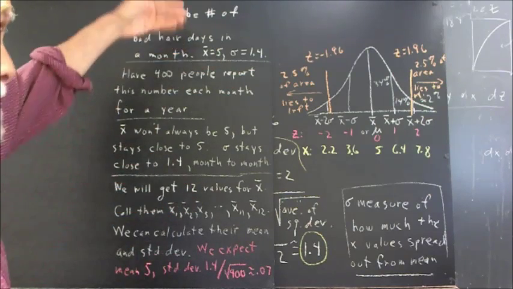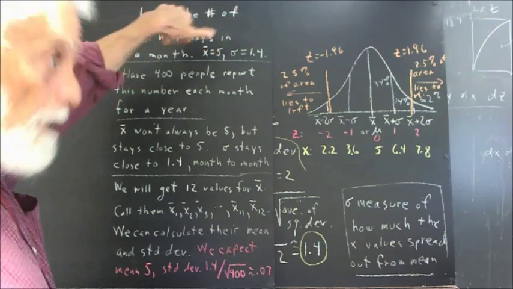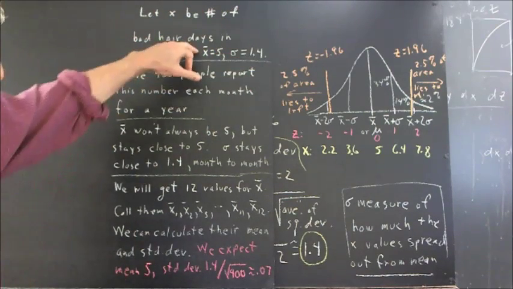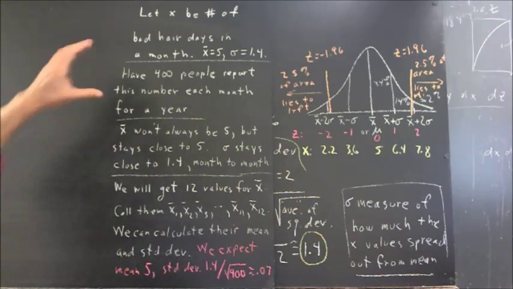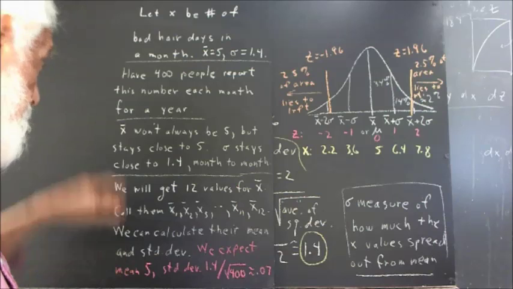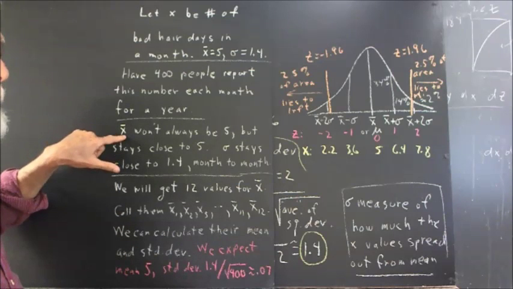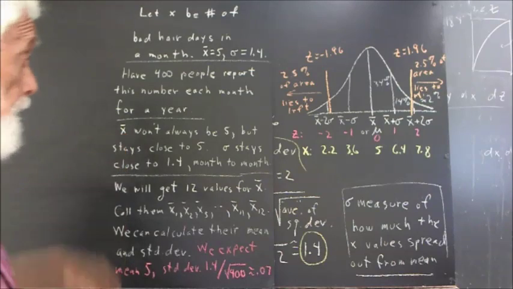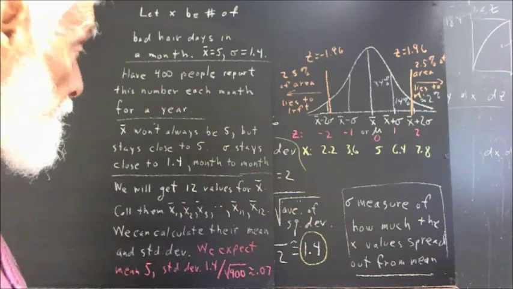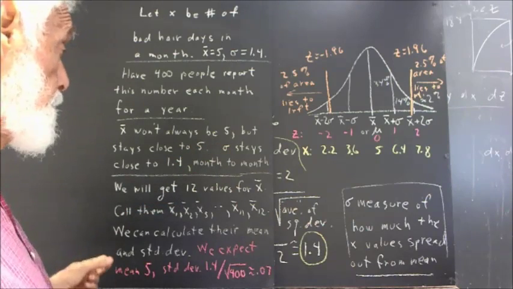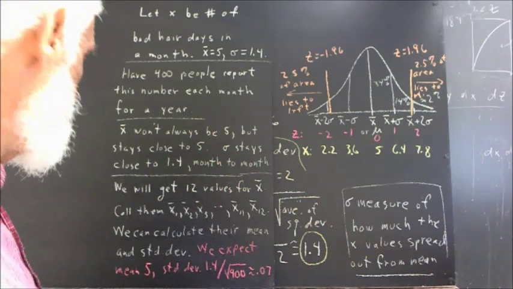So this thing of bad hair days can deviate from person to person with this standard deviation around this mean, but it's going to be the same basic conditions month to month. Now, we can say that X bar, the mean number of bad hair days, won't always be 5, but it's going to stay close to 5, and your standard deviation is going to stay close to 1.4 month to month through the whole year.